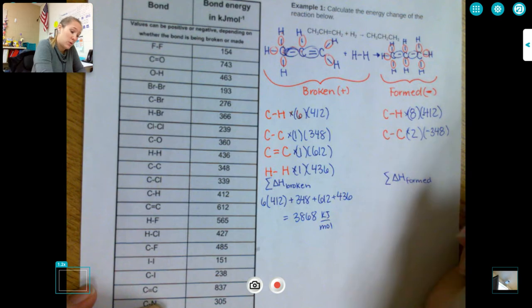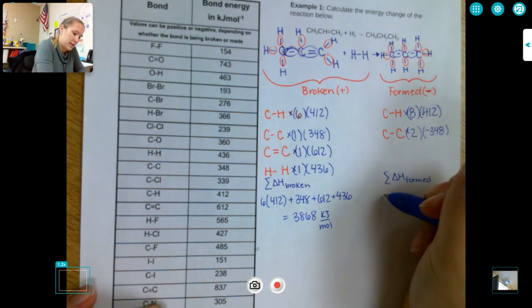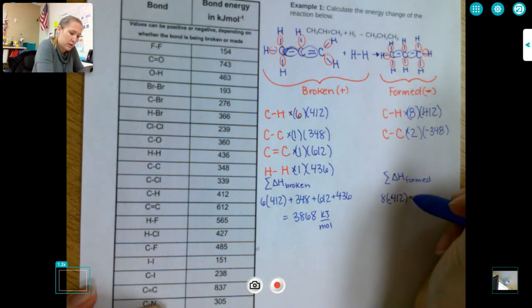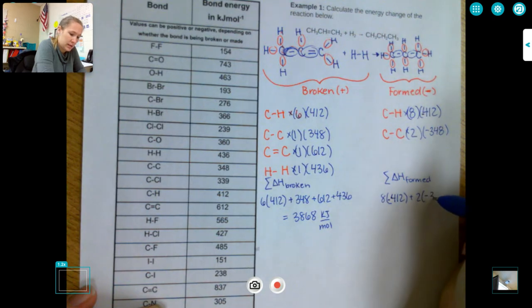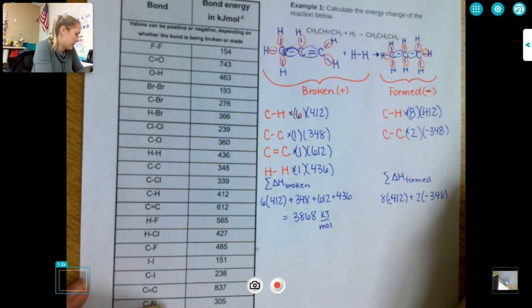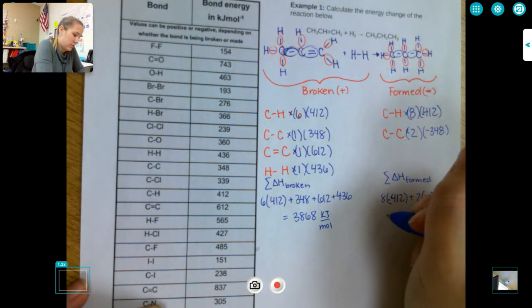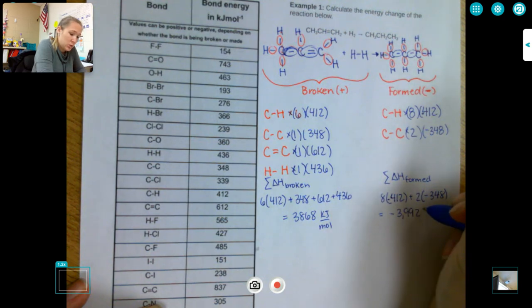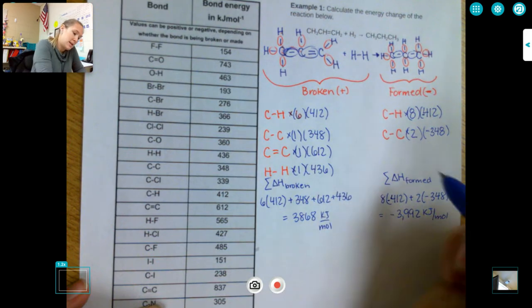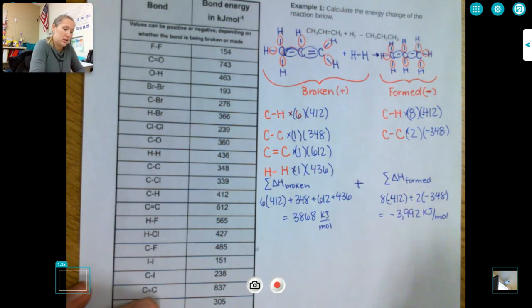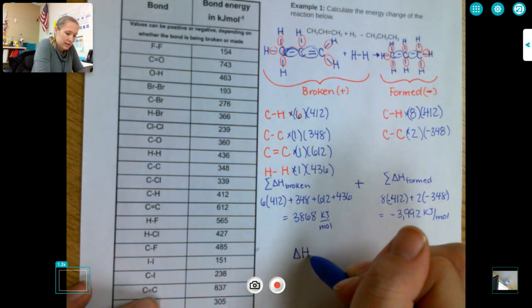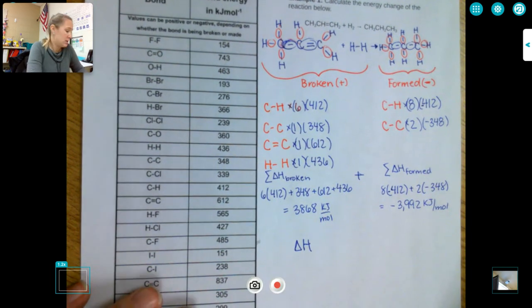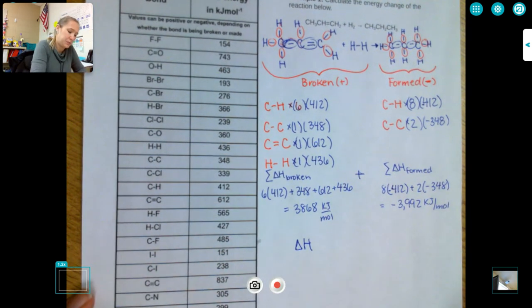And then my bonds formed, I have 8 times negative 412 plus 2 times negative 348. And when I do that, I get negative 3,992 kilojoules per mole. So these added together gives us my overall bond dissociation energy for my system.